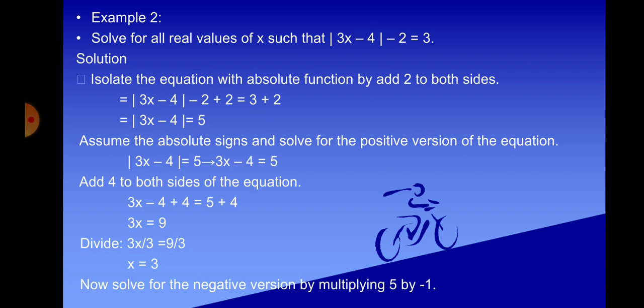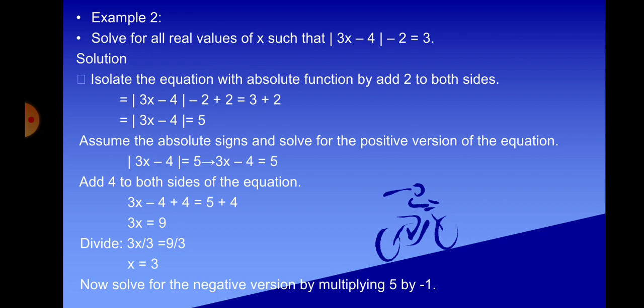So isolate the absolute value expression by adding 2 to both sides. 3x minus 4 minus 2 plus 2 equals 3 plus 2. So the absolute value of 3x minus 4 equals 5.